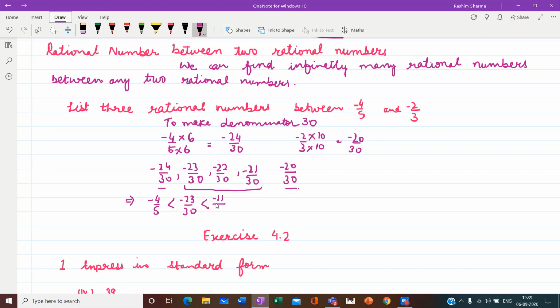It is minus 11 on 15. Same way, minus 21 on 30 can be written as minus 7 on 10. Alright, and the last number we know is minus 2 on 3. So these three numbers we have written in between minus 4 on 5 and minus 2 on 3.